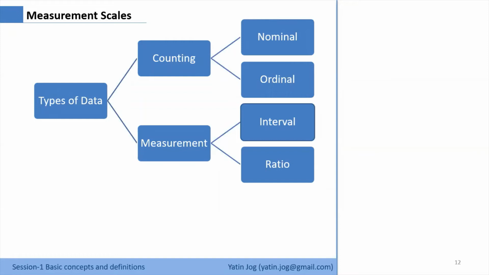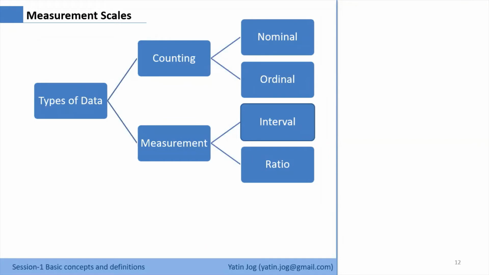We'll discuss all these things again on a few of the slides in this session itself. So nominal and ordinal measurement scales are based on the counting principle. That means if the data type is nominal or ordinal, we can only count. We cannot do anything else.